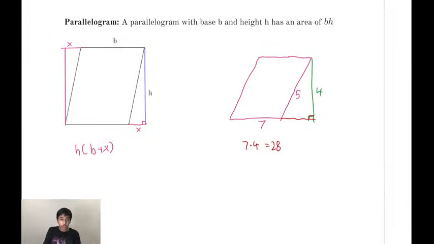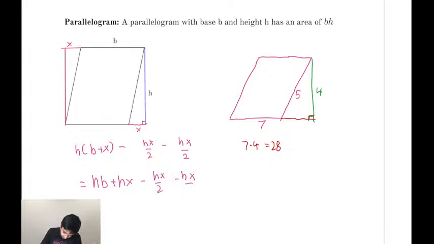That's the total area of the whole shape. And then we subtract the area of the 2 triangles. So we subtract hx by 2 and hx by 2, to get hb plus hx minus hx by 2 minus hx by 2. So those will cancel out. These will all cancel. And it's left with hb.